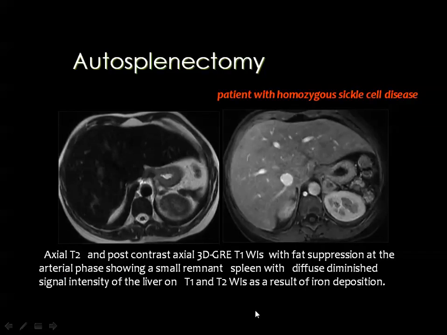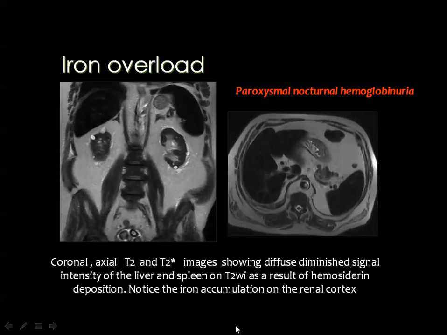Then if you see that the liver is more dark than the muscle, you know that this is hemochromatosis. And in this case, you hardly see the spleen, which is very small, in a case of sickle cell anemia with autosplenectomy.